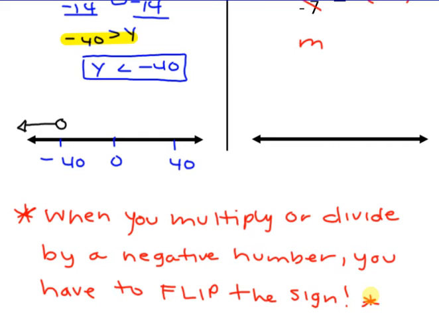Okay? When you multiply or divide by a negative number, you have to flip the sign.